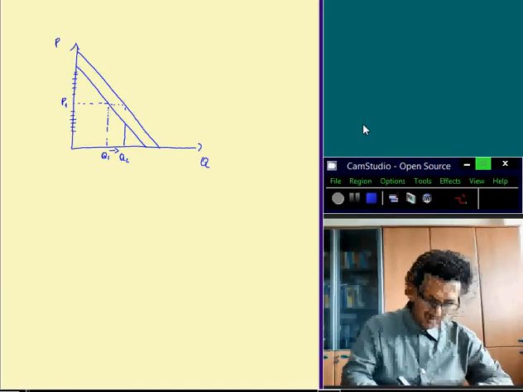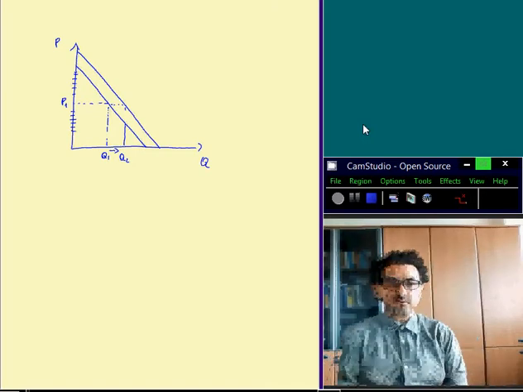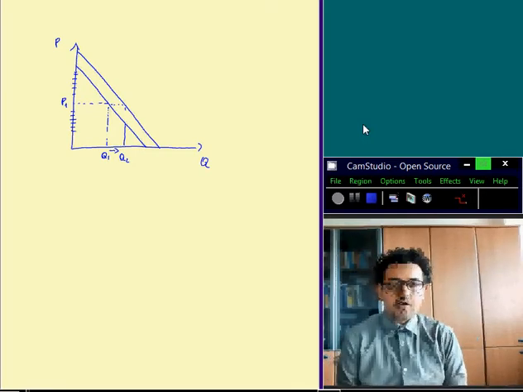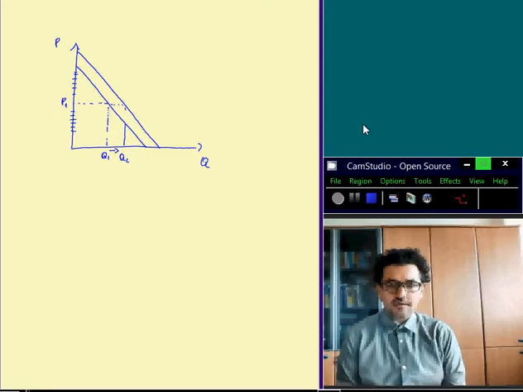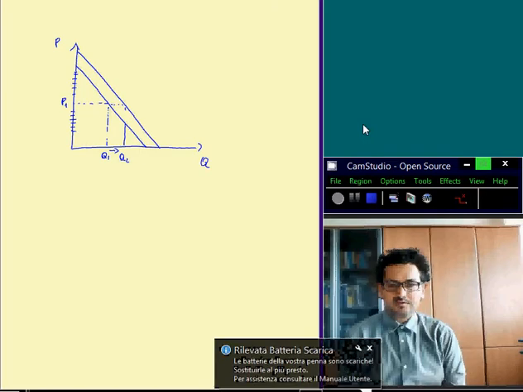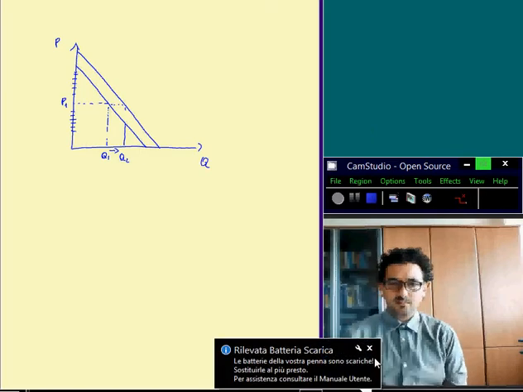So we can derive the general consideration that each increase in the price of substitutes will cause a shift on the right of the demand curve of the considered good.